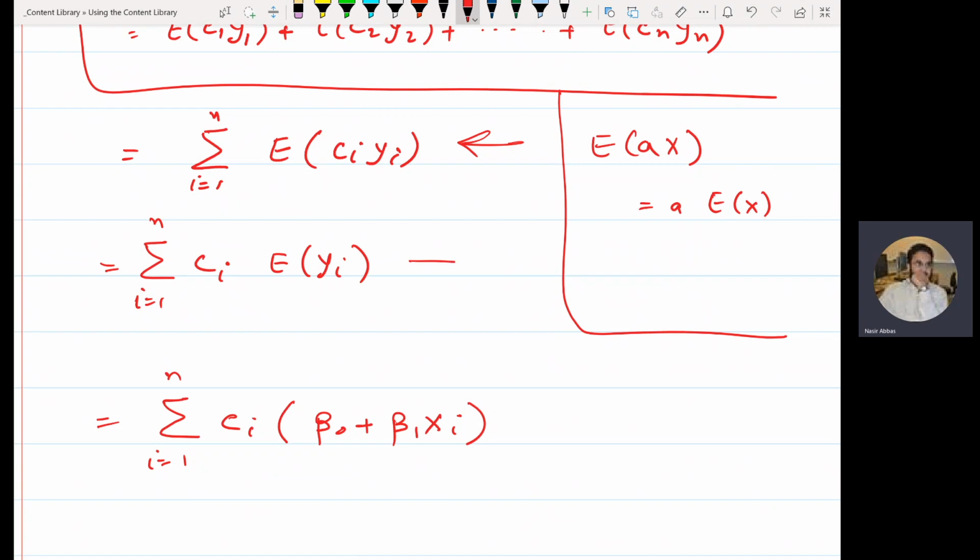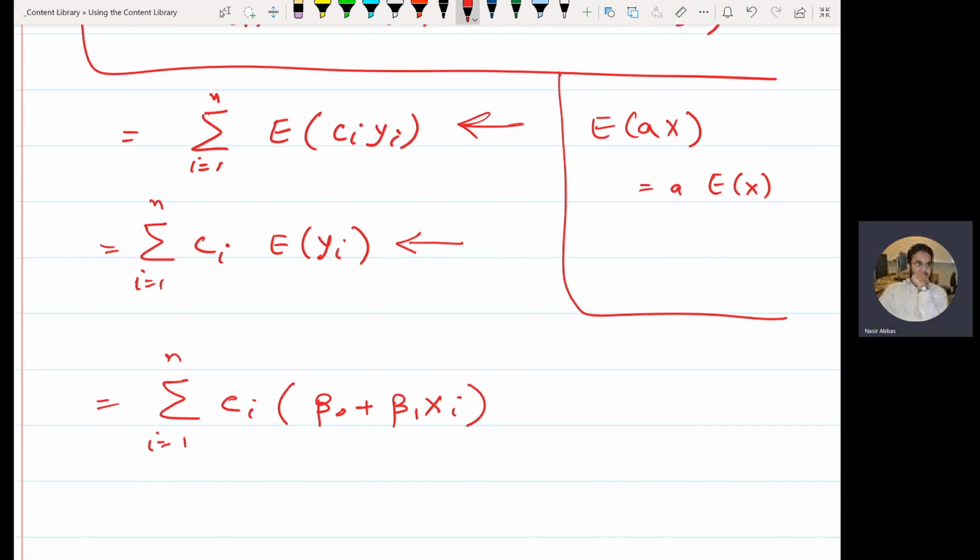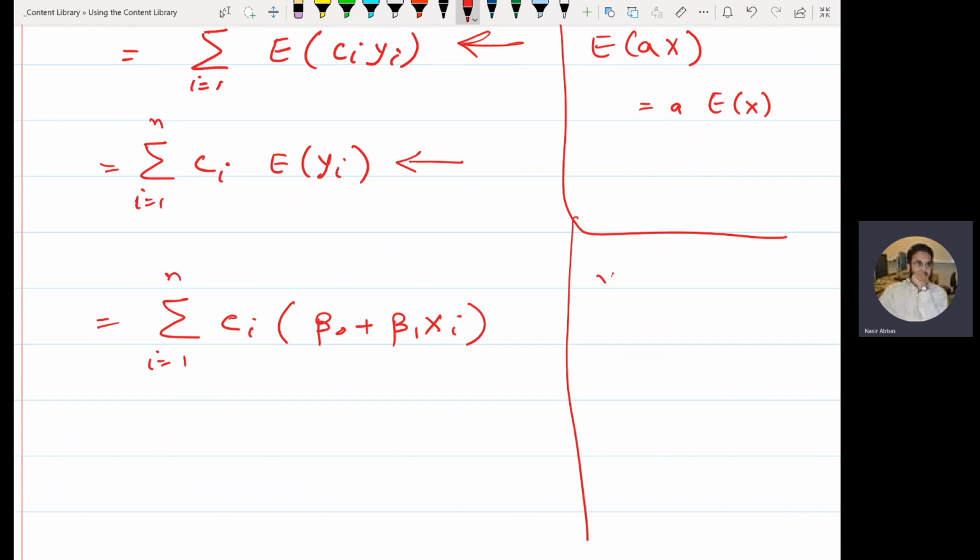Now, in the second step, what I did is I took the constant out of the mean, right? And in the third step, I have this model Yi equals beta naught plus beta 1 xi plus epsilon i, right? I apply the mean on both sides.